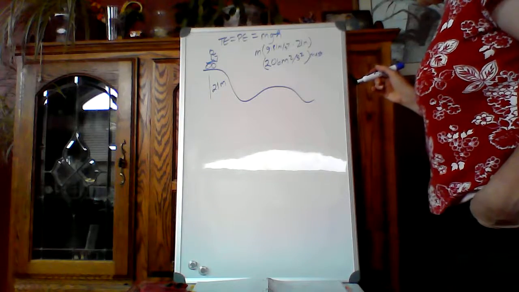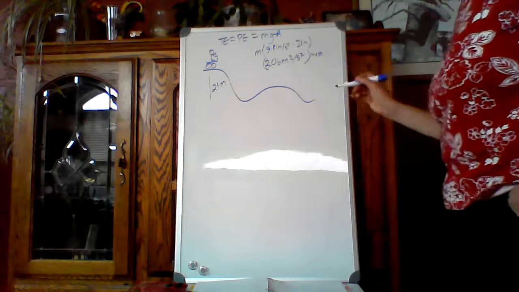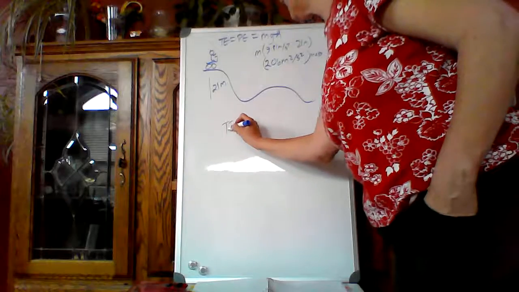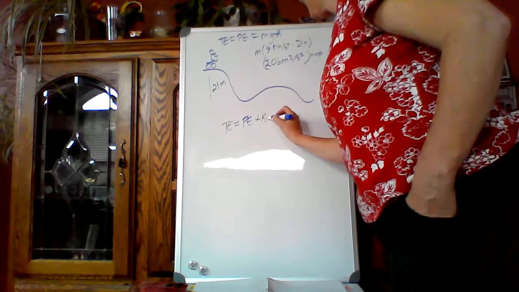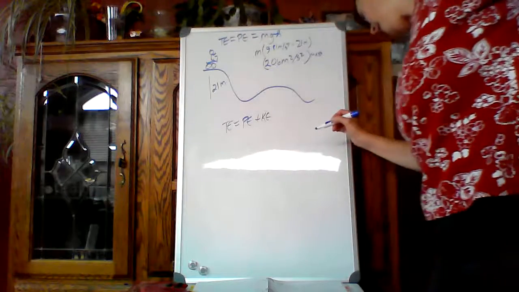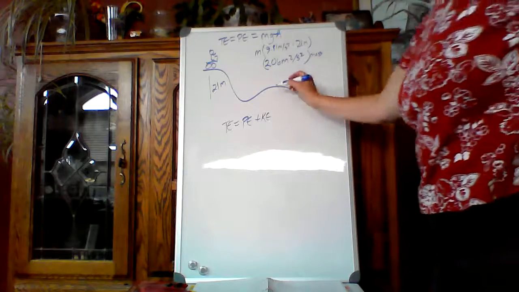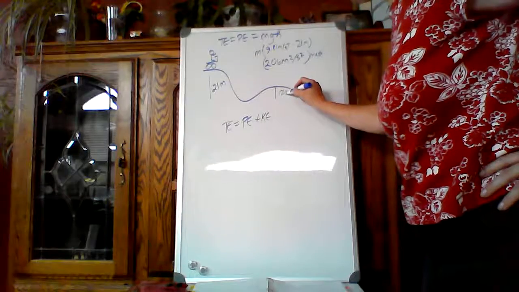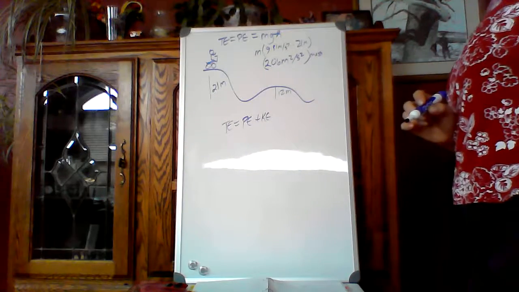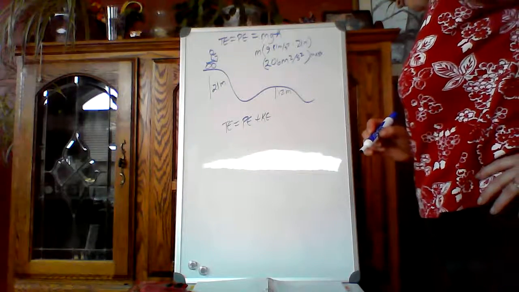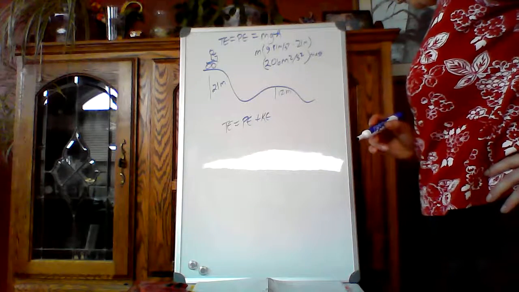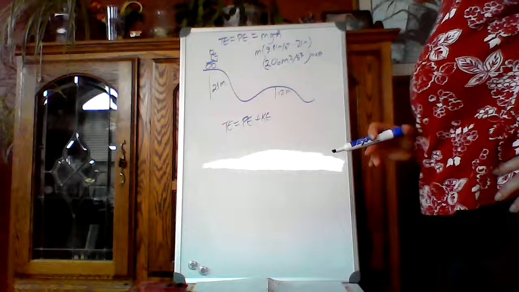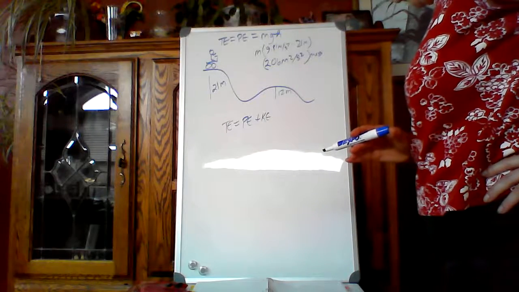So at the second point, we can still say that the total energy of the system is going to equal the potential energy plus the kinetic energy. And so this second hill is 12 meters. And so we can say that the total energy equals potential energy plus kinetic energy.